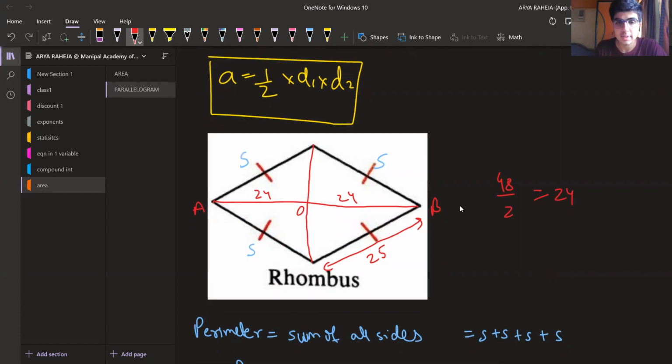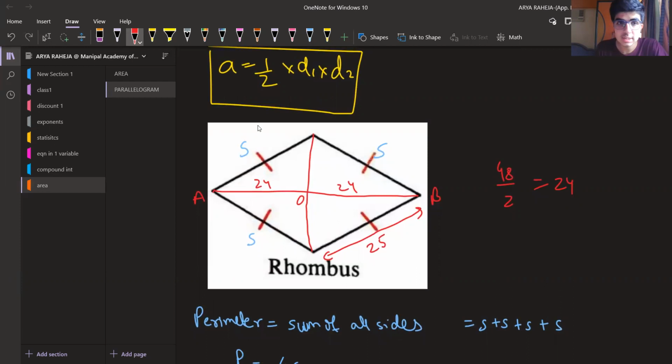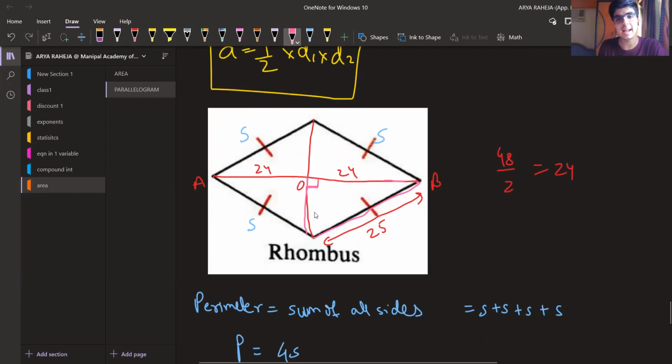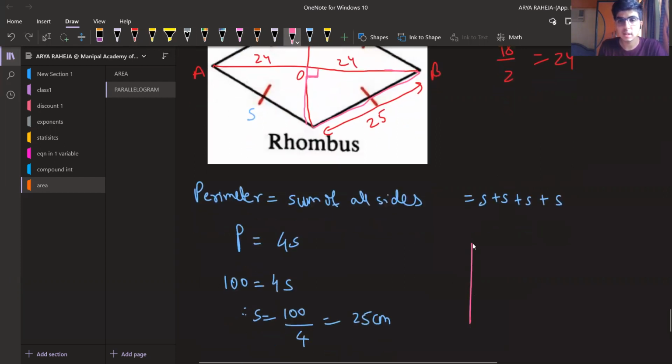ठीक है. So now, if you look at this, ध्यान से देखोगे. If you look very carefully, O till here, this is forming a triangle, and this is 90 degrees. तो ये एक ऐसा right angle triangle नहीं बन जाएगा.